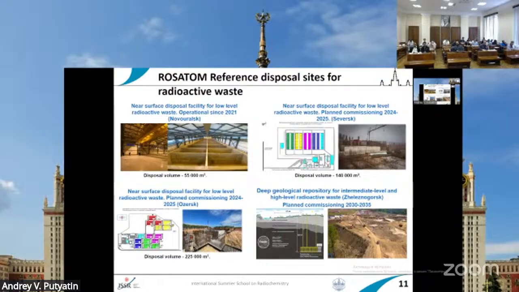So it is the production plant Mayak, reprocessing of the spent nuclear fuel, the only reprocessing plant in Russia at the moment, and the future deep geological disposal for intermediate and high-level long-lived radioactive waste.